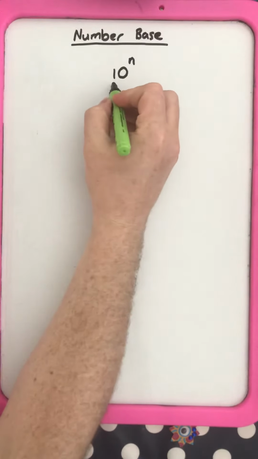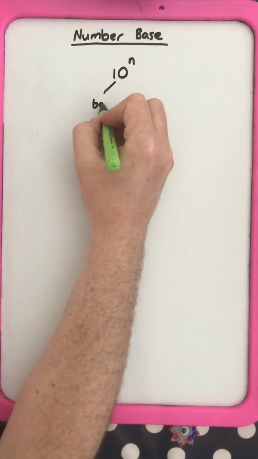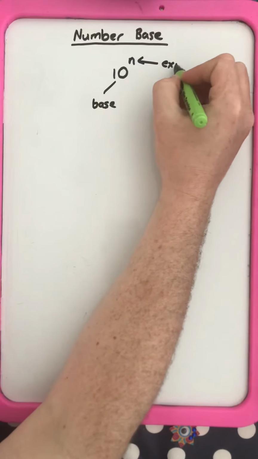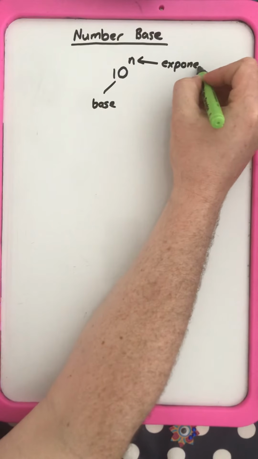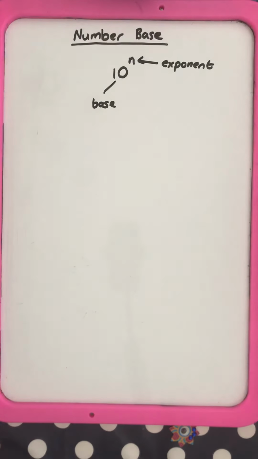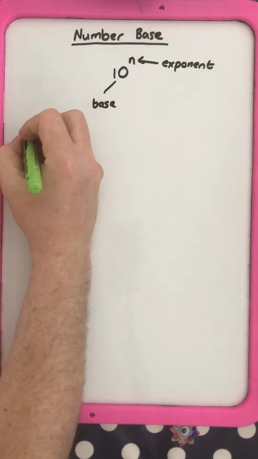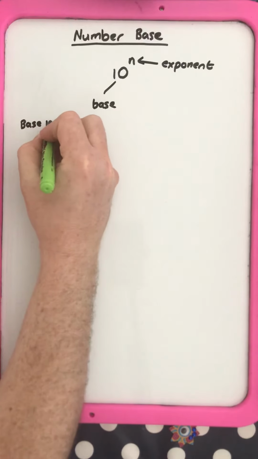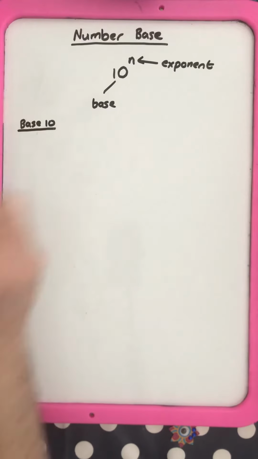This here is known as the base. This here is known as the exponent. We're going to look at initially base 10. This is the one everyone is familiar with.